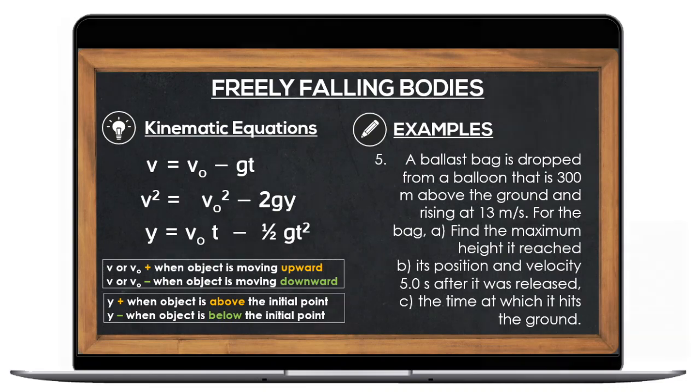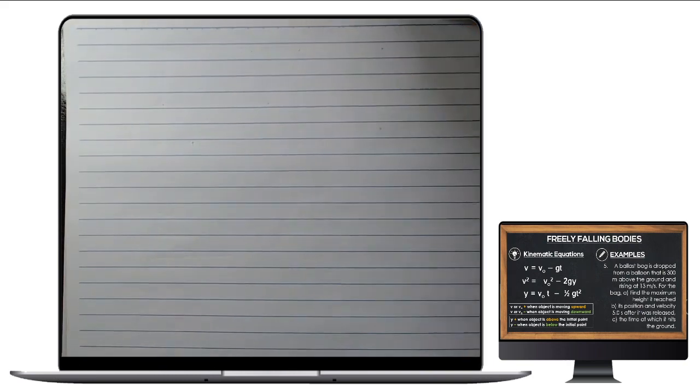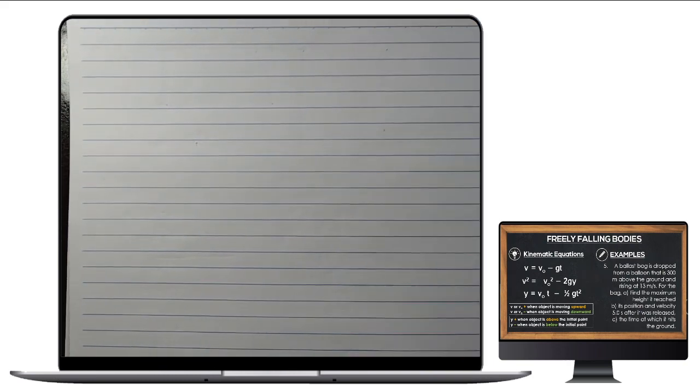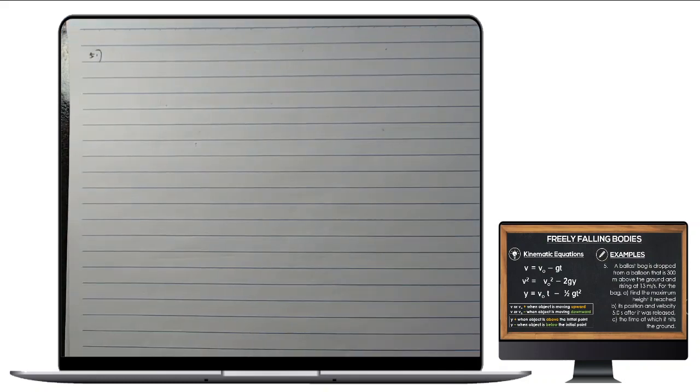Okay, so let's draw the figure. So for problem number 5. A ballast bag is dropped from a balloon that is 300 meters above the ground.